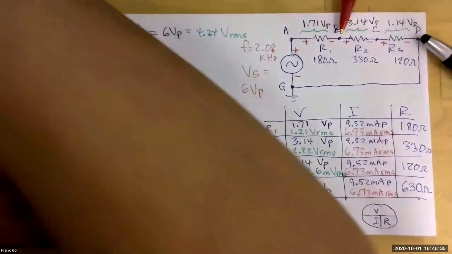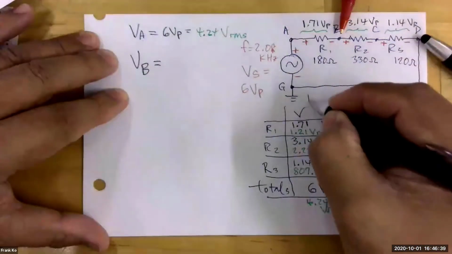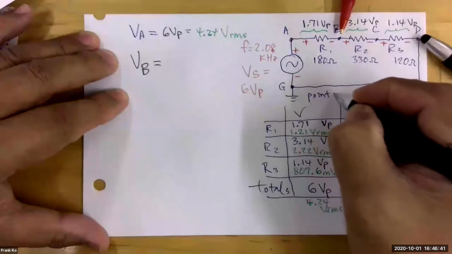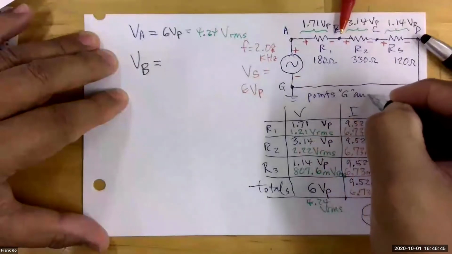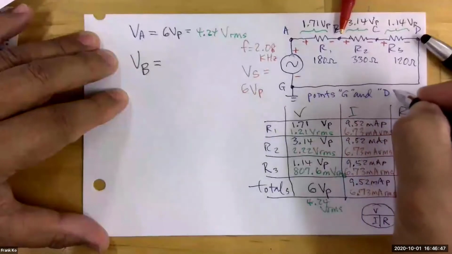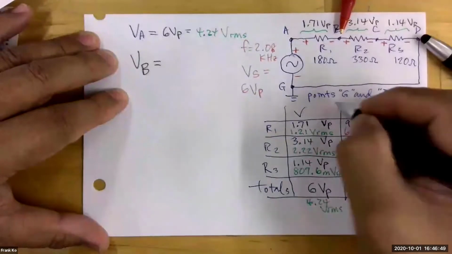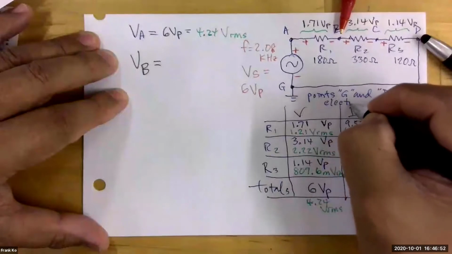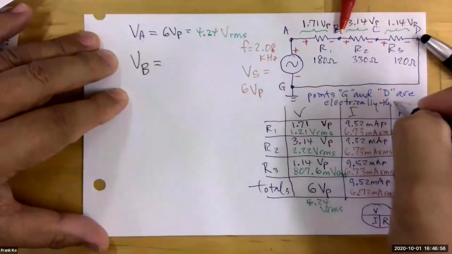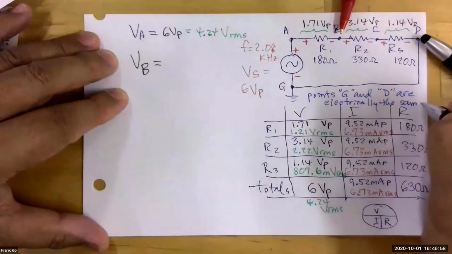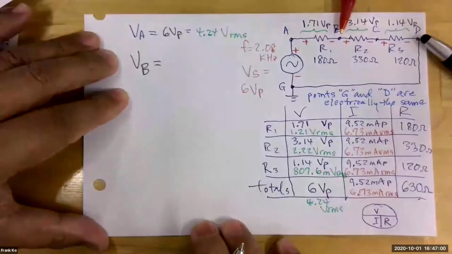We could state that. I can also write that out. I can say points G and D are electrically the same. Okay, they are electrically the same.